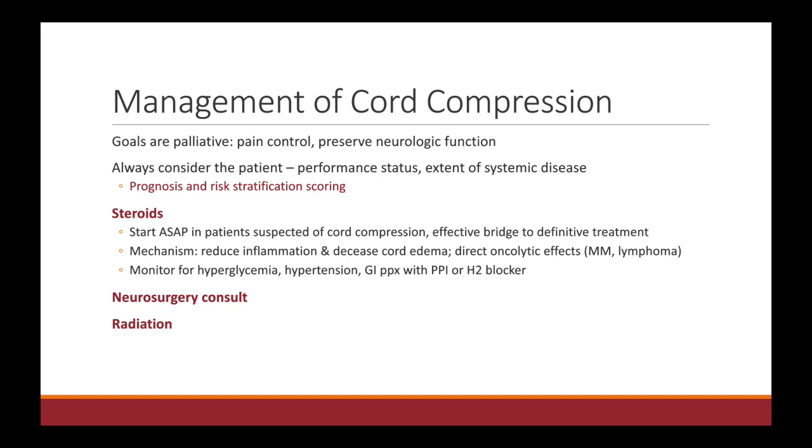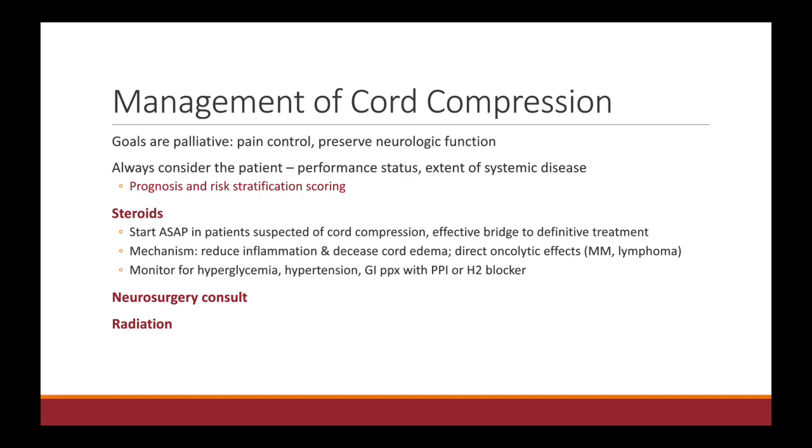Now, I do want to take a second to point out that most of the time when patients present with cord compression, they already have an established diagnosis of cancer, and then they end up progressing and unfortunately end up with cord compression.